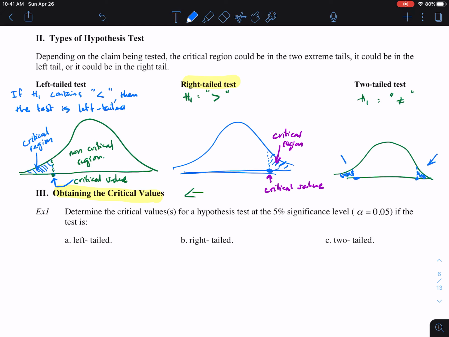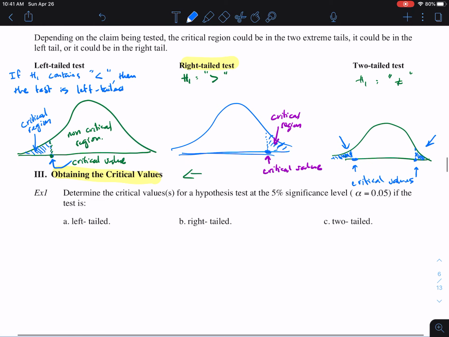These are critical values. It kind of reminds me of the range rule of thumb when we look at the boundary values for unusual and usual data values.